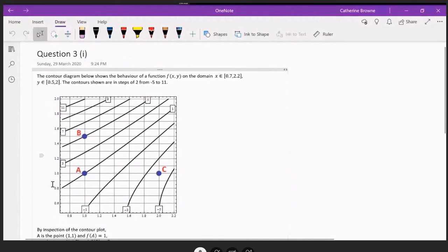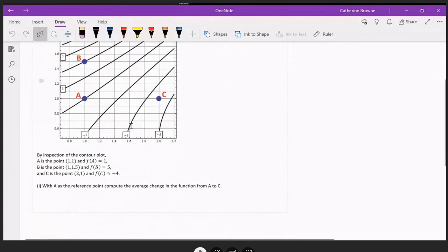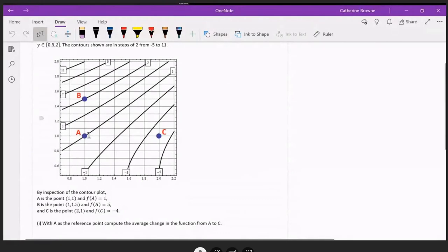So just by inspection, I can see that A is the point at 1, 1, and the value of the function described by the contours at this point, if we look at the contour, is 1. So the function is equal to 1 along this line, which A is on. And B, similarly, is at 1, 1.5, and it's on the contour for the function value 5.